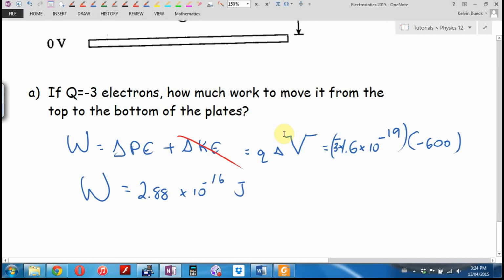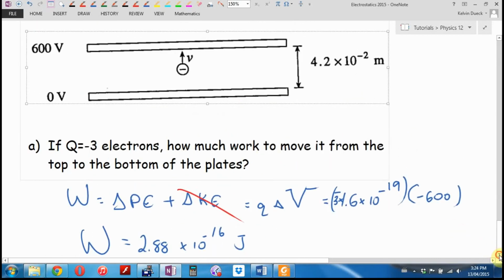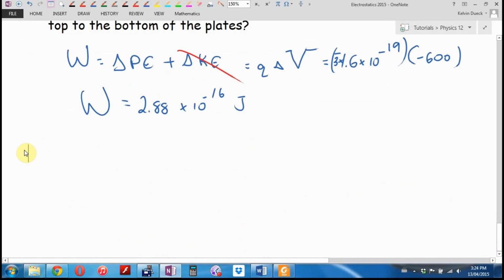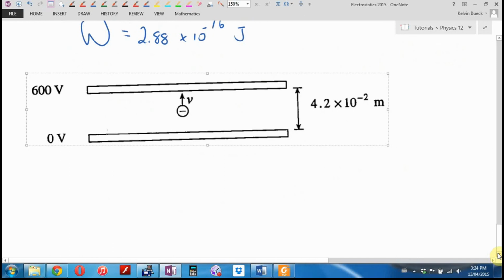What else could I ask? Same picture. You had asked about speed and things like that.